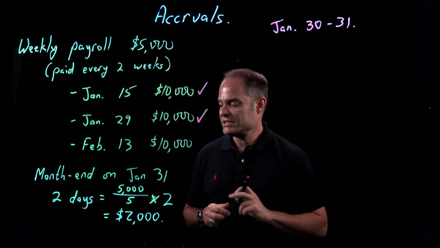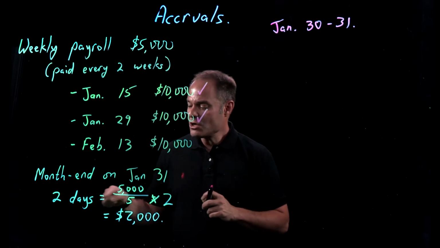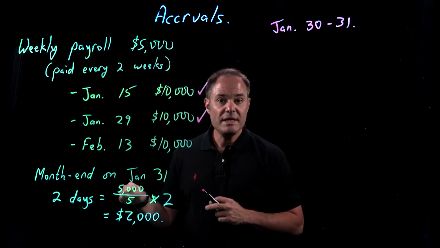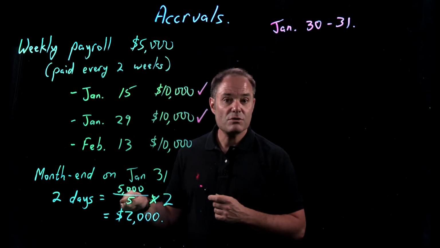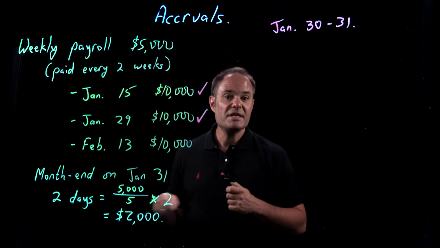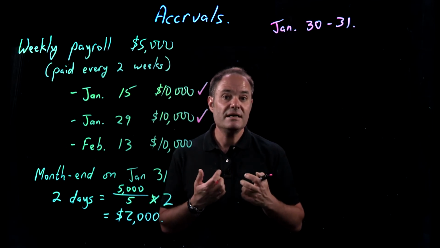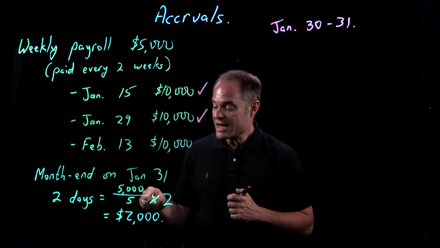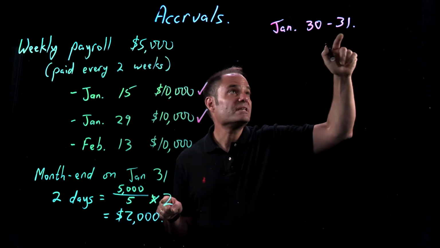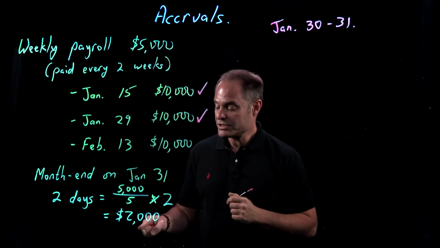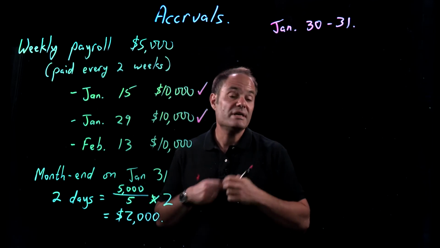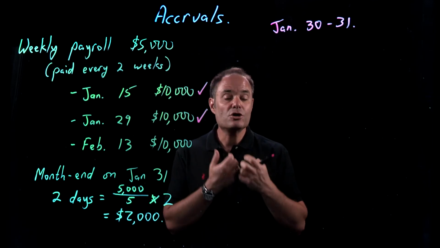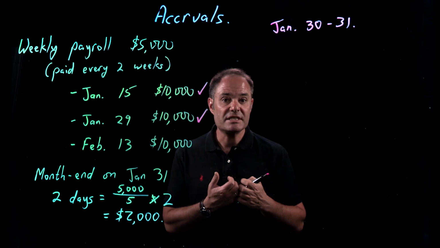So what do we do about these 2 days? Well, we know that they pay $5,000 a week for total salary, and if we assume that's over 5 days, it would imply that they pay $1,000 a day in salary. $1,000 a day times 2 days, because we're dealing with January 30th and 31st, would mean that they incurred $2,000 of salary expense.